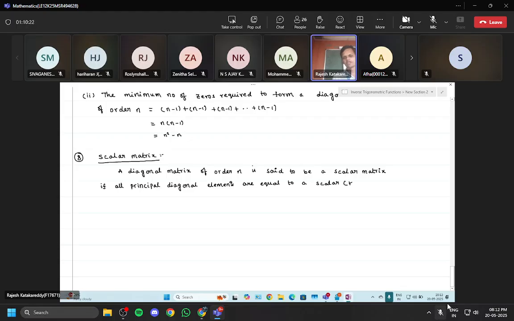In brackets you can write k. K can be 0 as well.